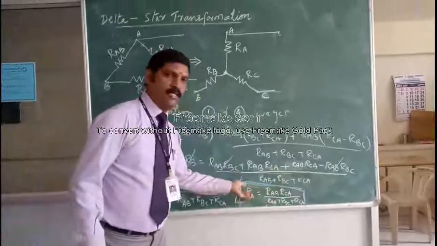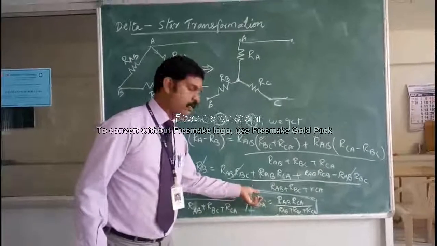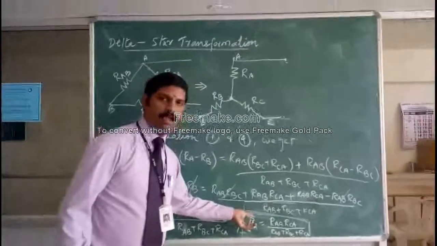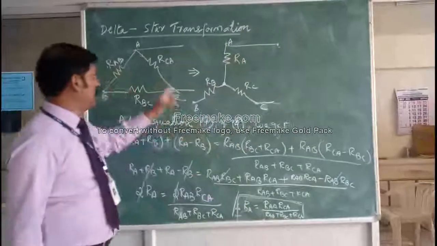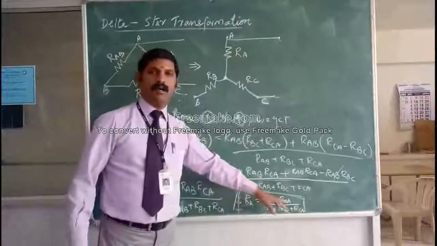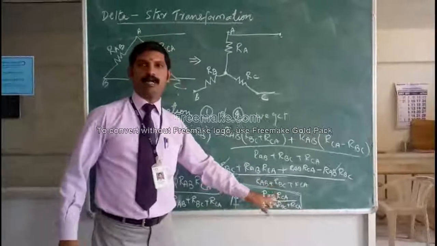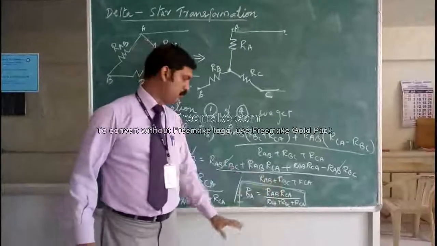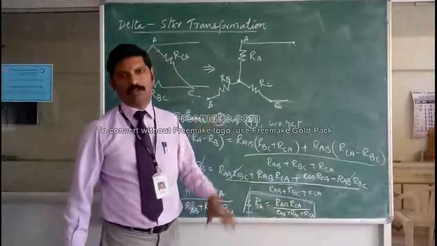So we got the star resistance RA, connected at terminal A, in terms of delta values: RAB into RCA divided by RAB plus RBC plus RCA. This is the final expression for RA in terms of delta values.